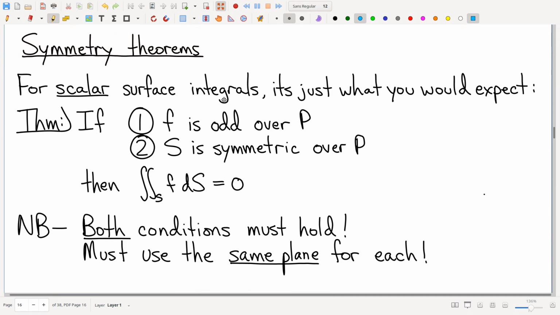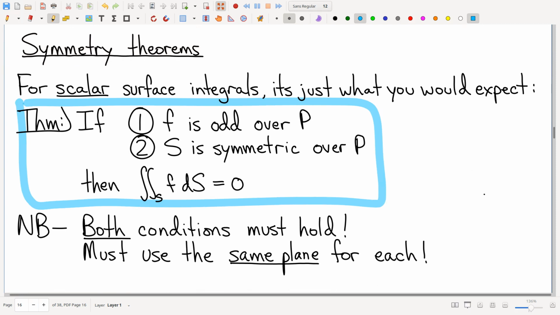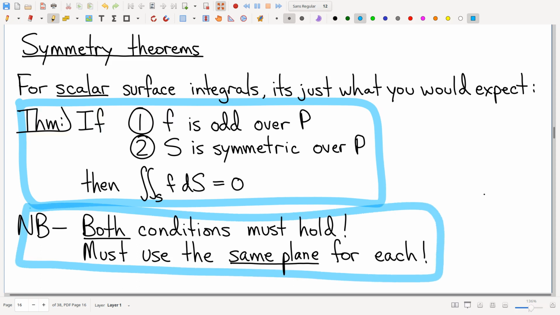Okay, symmetry. Y'all have seen this before a bunch of times. Here we are again. You'll notice the way this theorem lays out on the page, shockingly familiar, right? Very similar to what we've written down before. Notice the similar nota benes to keep in mind as well, just like every other odd symmetry theorem that we've seen before.